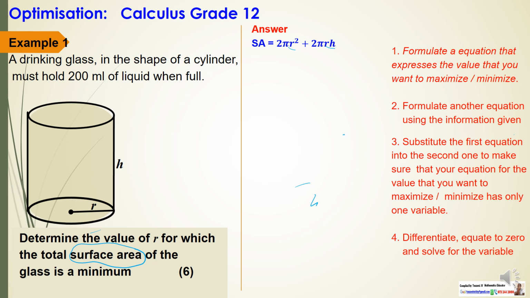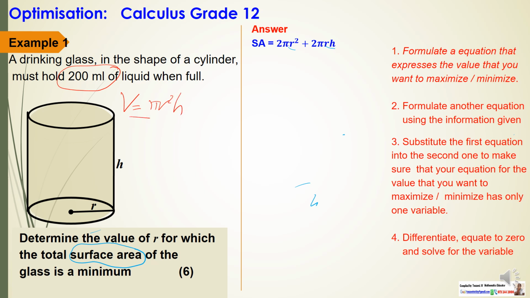In this question, we are told that this cylinder must hold 200 milliliters of liquid. That is the volume of this cylinder. And we know that the volume of a cylinder is equal to pi r squared times the height.